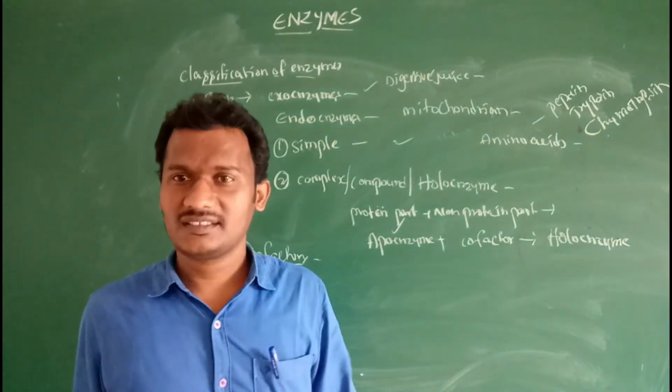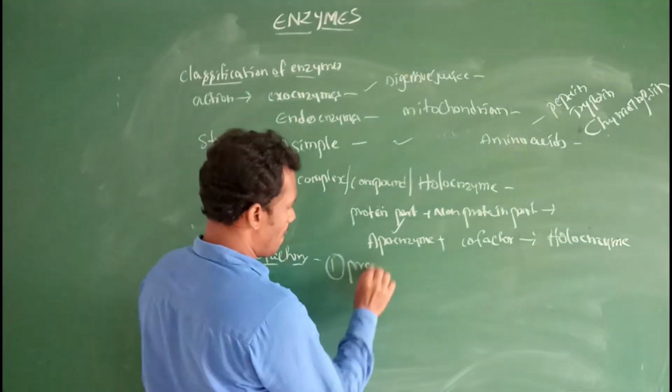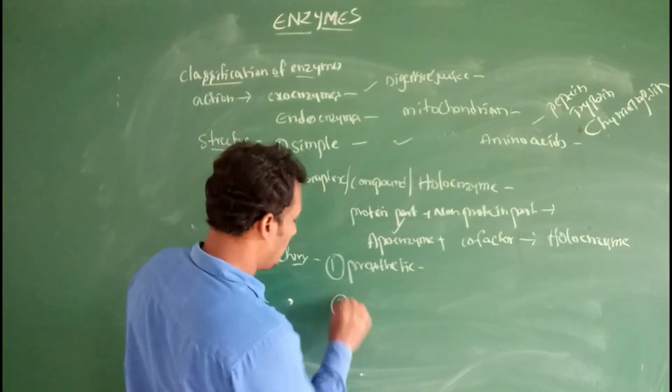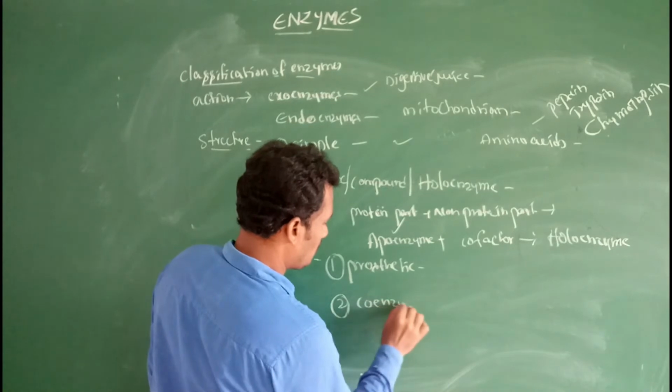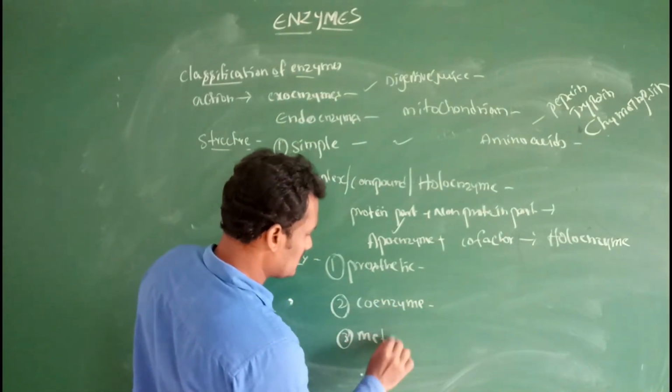These cofactors are three types. First one, prosthetic group. Second one, coenzyme. Third one, metal ions.